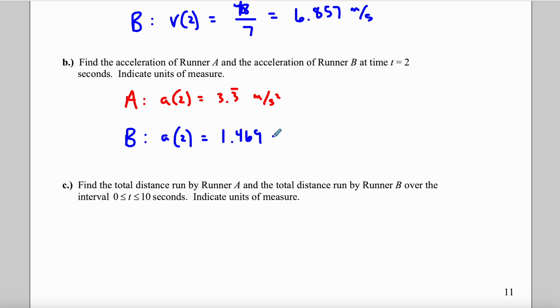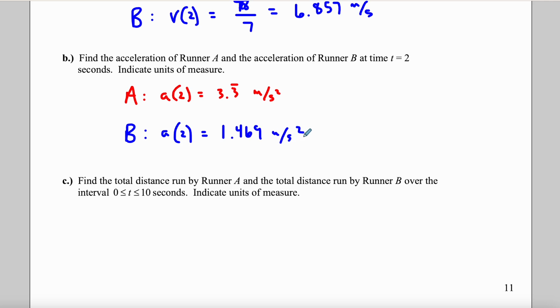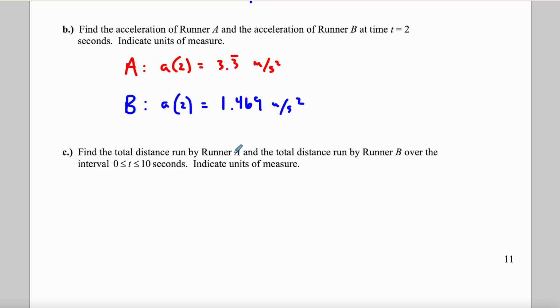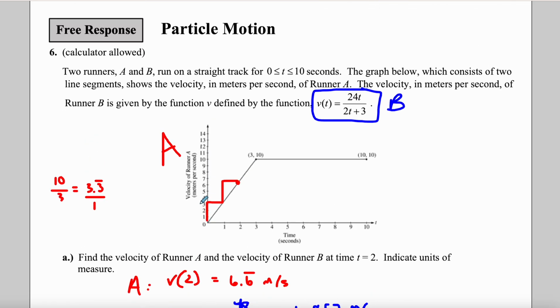And again, that's in meters per second squared. Total distance for runner A and runner B from 0 to 10 is going to require some integration. So I'm just going to go 0 to 10, absolute value of the velocity of runner A. And how I'm going to figure that out is just go to the graph and find all this space underneath, right?